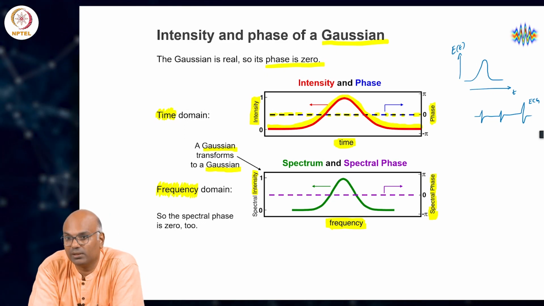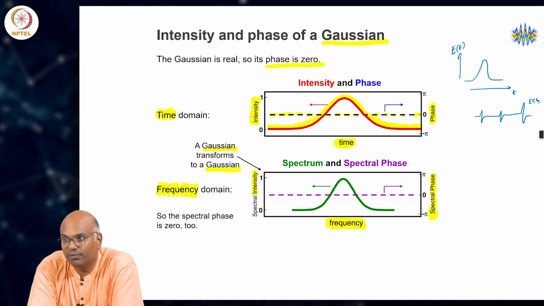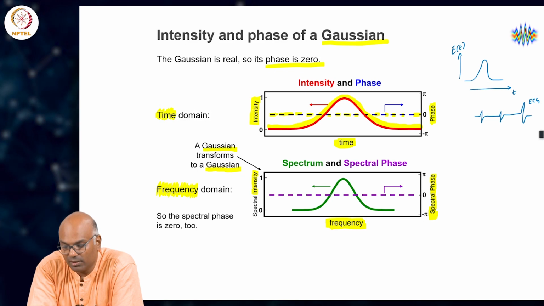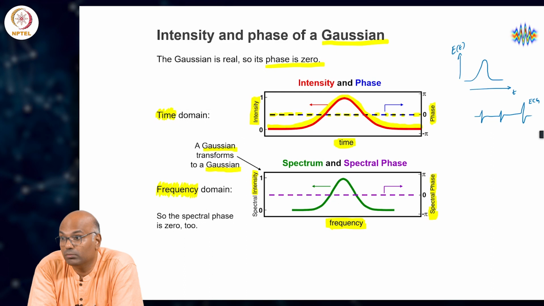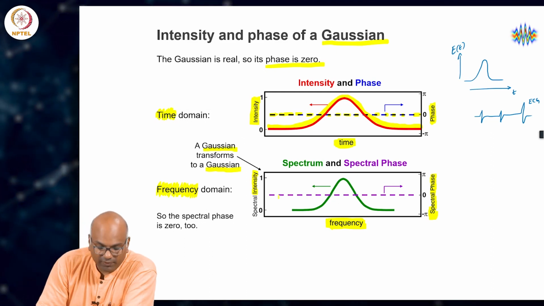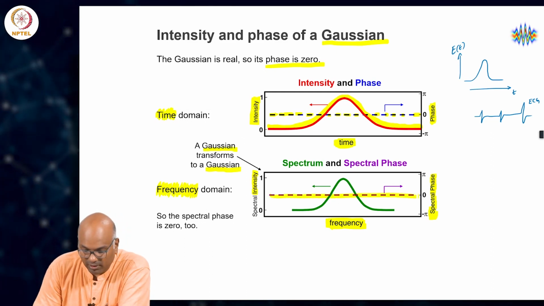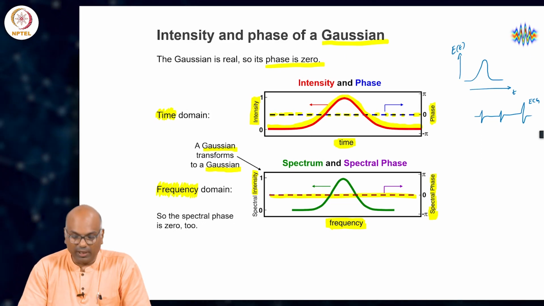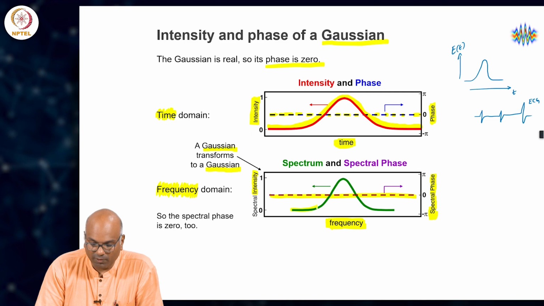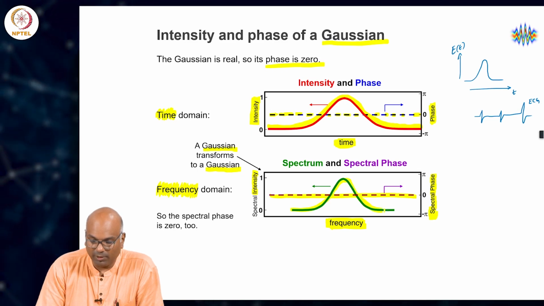In the complex description, the function phi of t is therefore set to constant 0. If we have this, then the Fourier transform also reflects a spectral phase which is constant, it is 0, and you get the rest of the description of the pulse in terms of a Gaussian envelope.